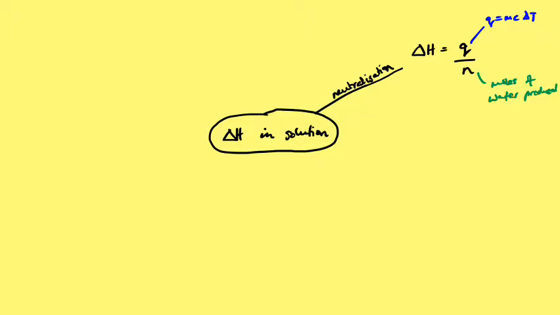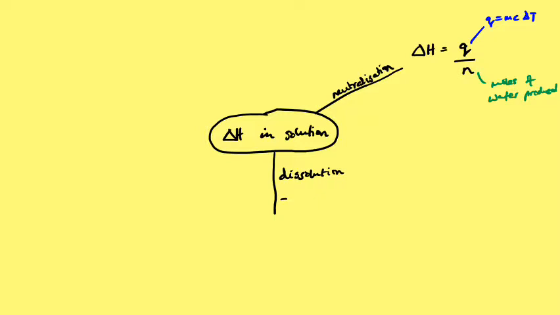Neutralization reaction is one of the enthalpy changes in solution, and the second one is dissolution, dissolving something. So that's the second type of enthalpy change in solution that we could possibly come across. We've not got an example of this. It's very similar, but I'll just point out for the sake of clarity what we're talking about here.